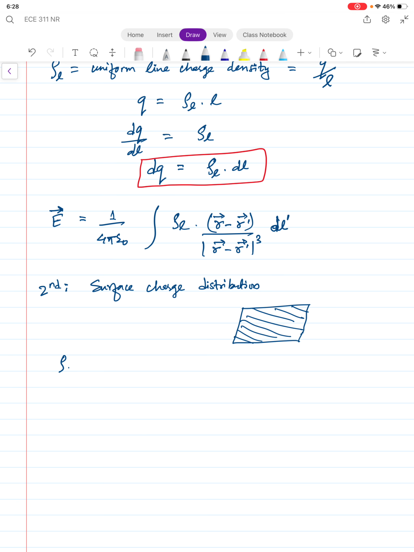And again, we'll use rho sub s to denote uniform surface charge density. We define uniform surface charge density rho s, which equals q divided by the area of the surface.